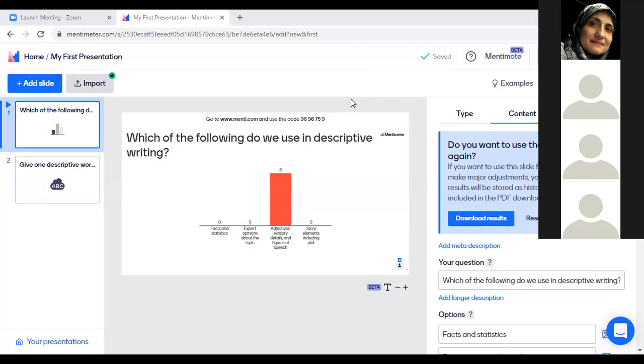Okay, which of the following elements do we use in descriptive writing? Okay, good. 8 answers so far. So we use adjectives, sensory details, and figures of speech. This is what 9 of you said.